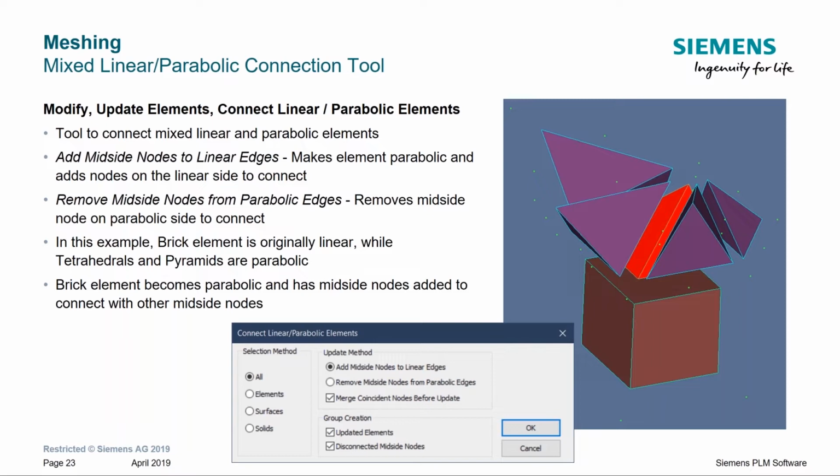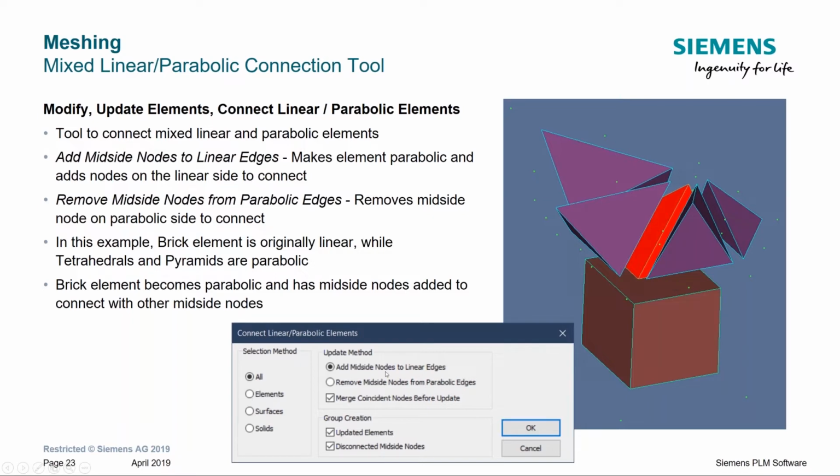So this example is showing taking a bunch of tetrahedral elements and connecting it to that brick with these pyramids. So you see you've got the connection methods, and the ability to select by elements, surfaces, and or solids. You notice you've got the option to do all three.